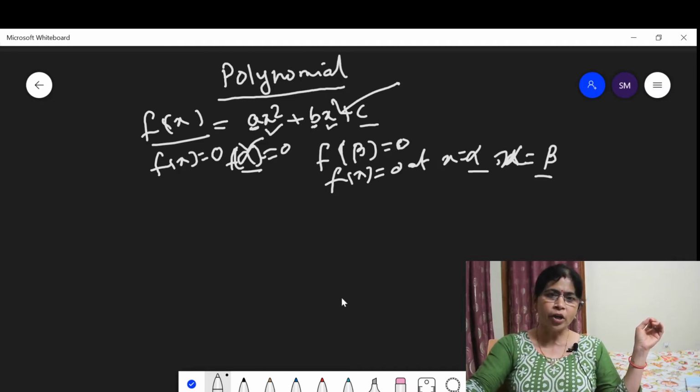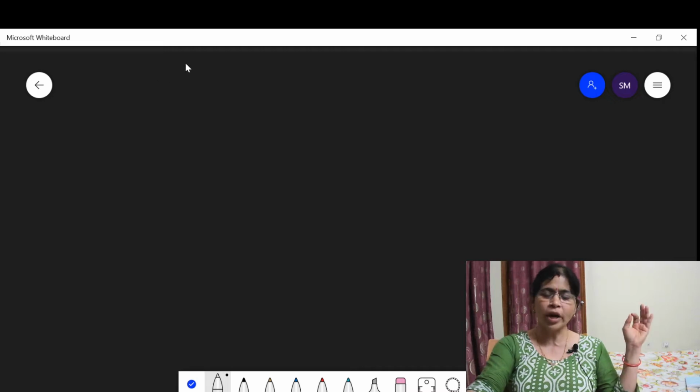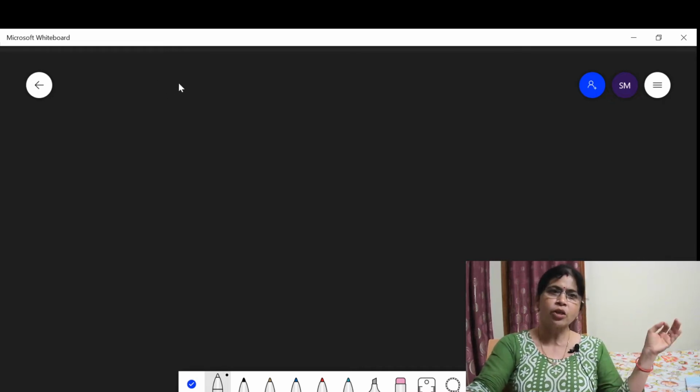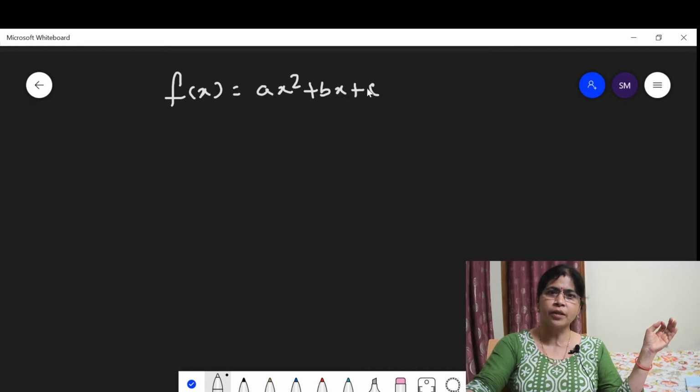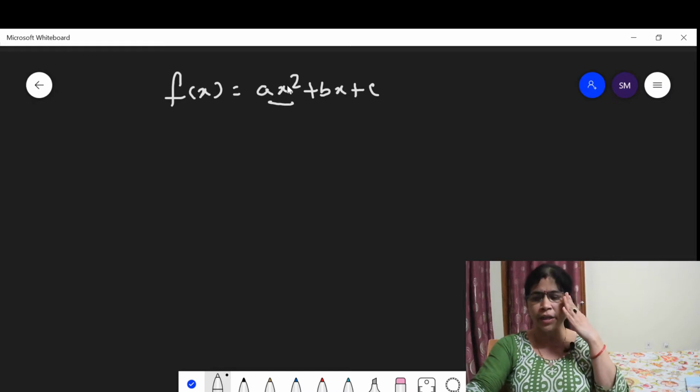A quadratic polynomial has two zeros. Now let the zeros be alpha and beta. Here we discuss the relationship between the two zeros of a quadratic polynomial. The quadratic polynomial has two zeros because it is of degree 2. f(x) is equal to ax square plus bx plus c is a quadratic polynomial, a polynomial of degree 2.